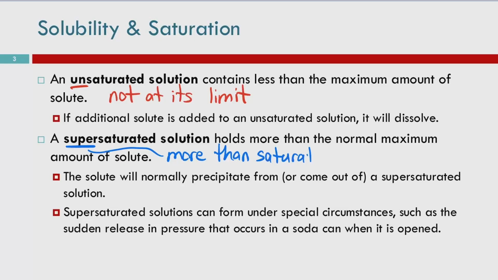And you might be thinking to yourself, well, that doesn't make any sense. If saturated is the most that you can have, how can you have a supersaturated solution? And typically, if you have a supersaturated solution, if you've got more than that saturation limit, then the solute will precipitate out.